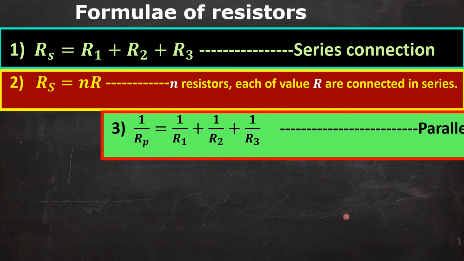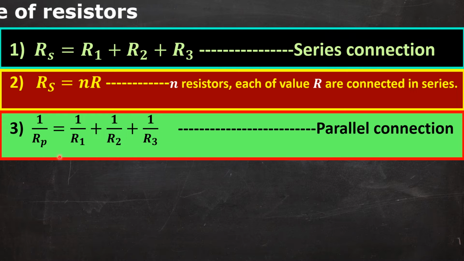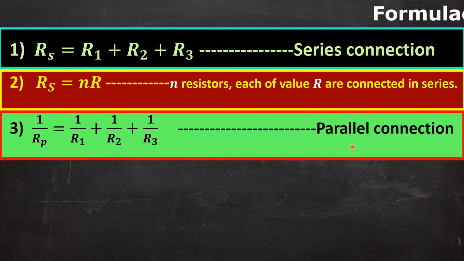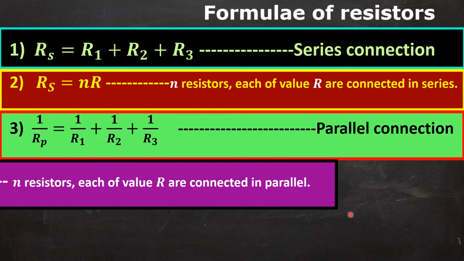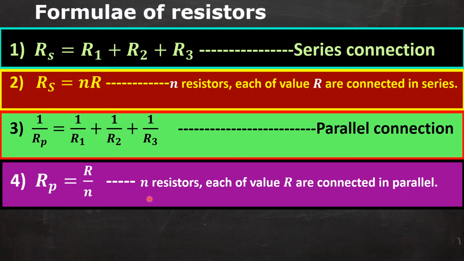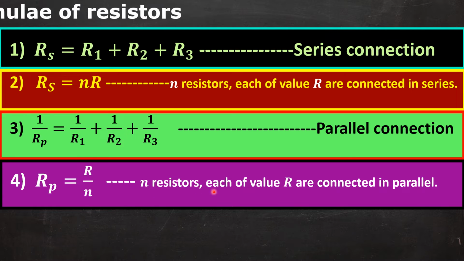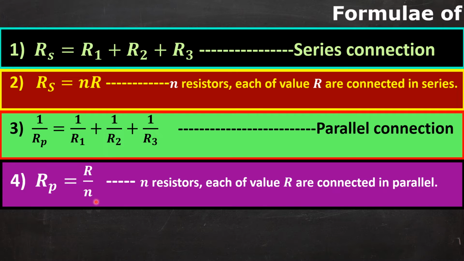Next, this is the formula we have to use to find the equivalent resistance when the resistors are connected in parallel. And Rp is equal to R by n, that is when n resistors each of value R are connected in parallel, we use this formula to calculate the equivalent resistance.